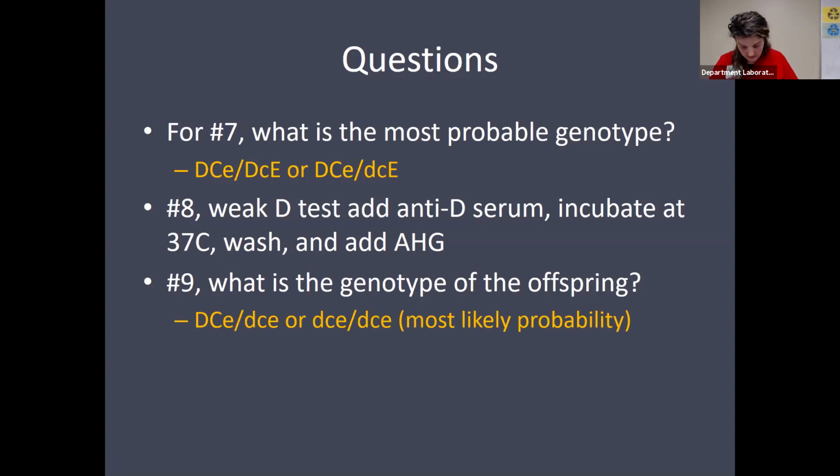Right, number 9, you're given a mother and father, so it's a little bit of a paternity test. What's the genotype of your offspring? Could you have an offspring that's R1, R1 from those? No, you couldn't.